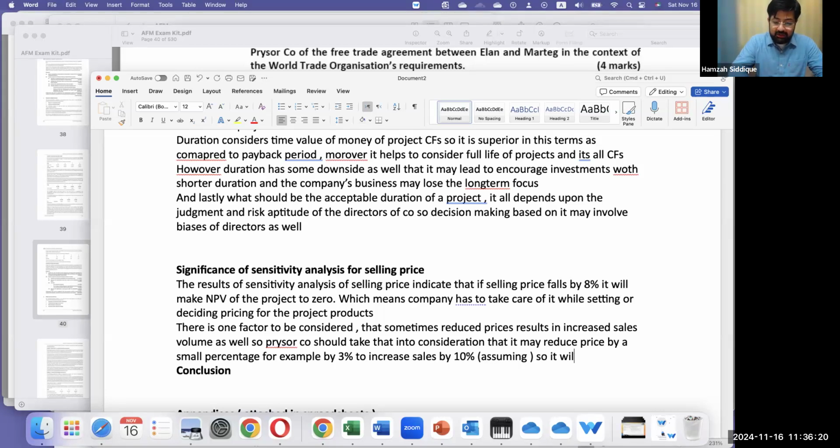So it will be net beneficial for Prysor company. But this aspect is ignored by sensitivity analysis.